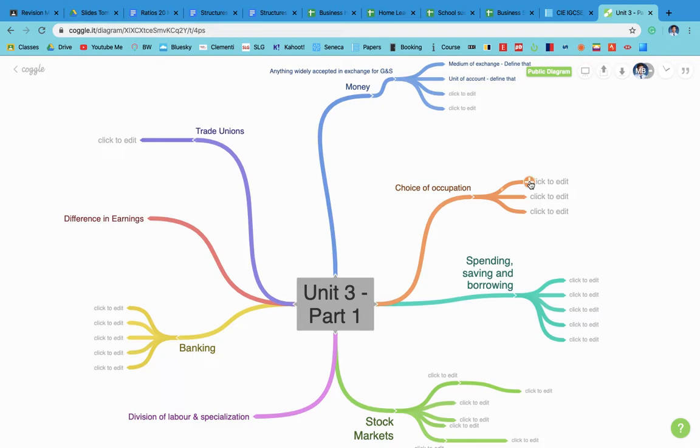So any questions then, what you can do is either share this Coggle with me, there is a way to share these, and I can have a look. Or if you can't get that to work, just take several screenshots and send it to me. If you want to make this on a big piece of paper, you've got access to A3 or A2 paper, you can do that for me and then take pictures of it as well.